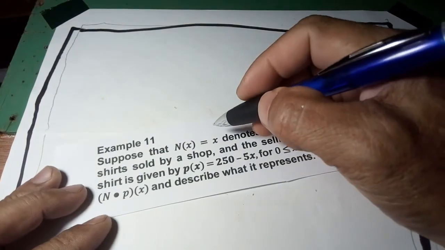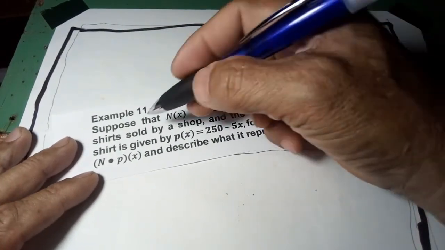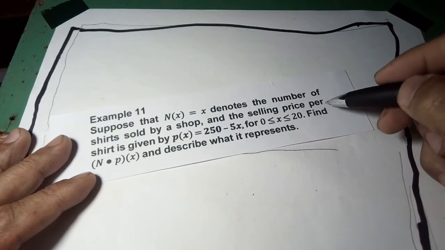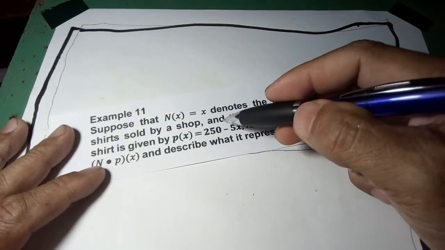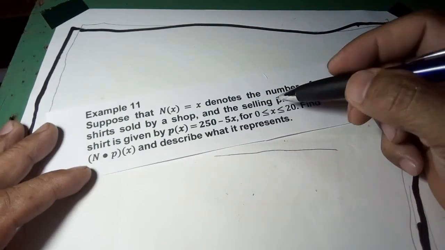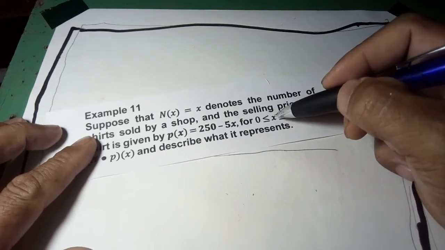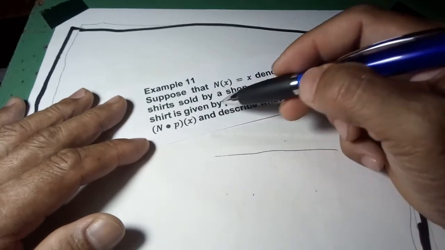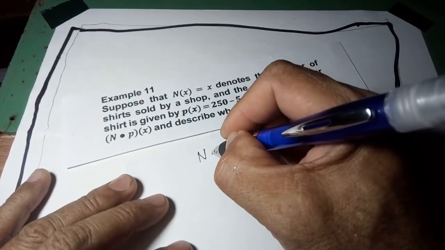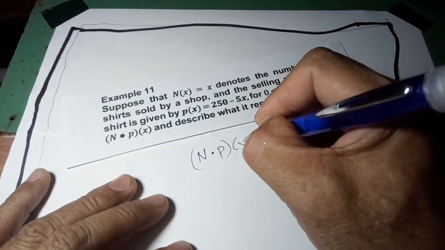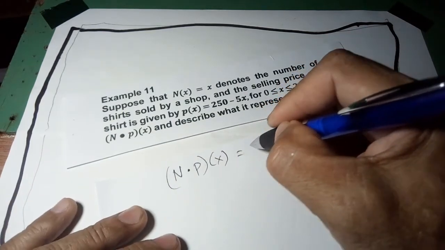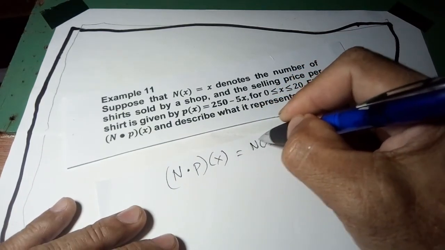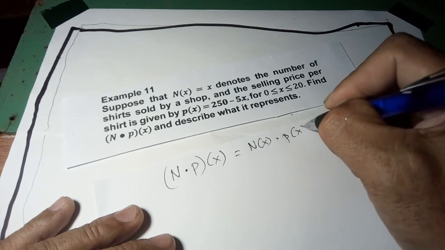Suppose n of x equals x denotes the number of shirts sold by a shop, and the selling price per shirt is given by p of x equals 250 minus 5x, for number of shirts not less than 20. Find n times p of x. Simplify. n times p of x is n of x times p of x.